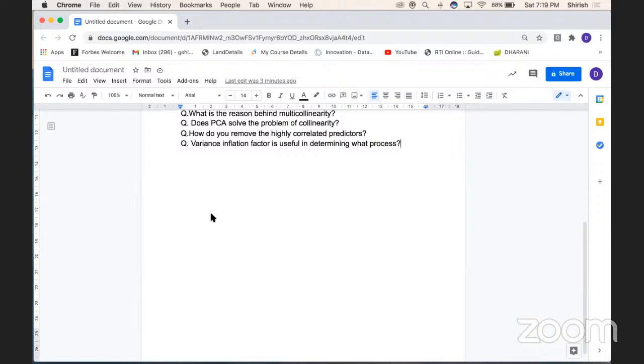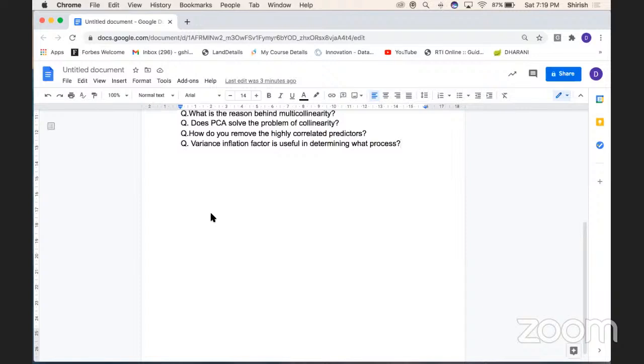First thing is that you run a linear regression in which one independent variable is considered as the target variable and all other independent variables are considered as what? Predictors. The calculation is given by the formula 1 by 1 minus capital R square, where capital R square stands for the coefficient of determination.